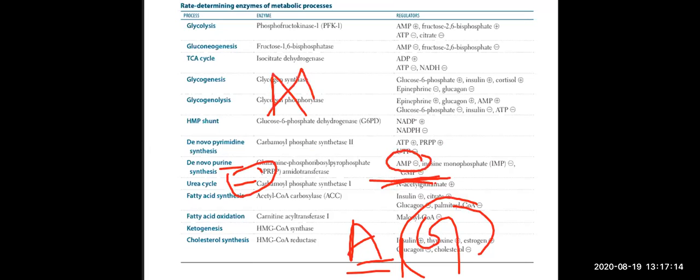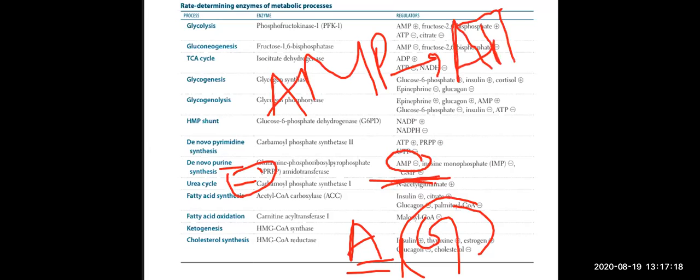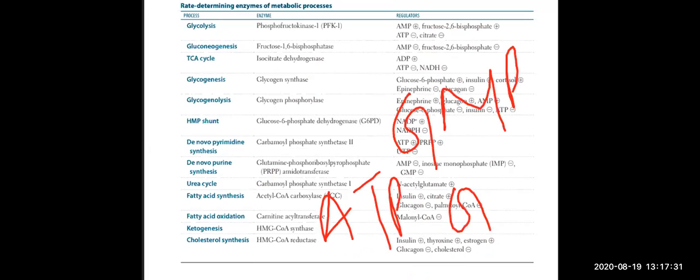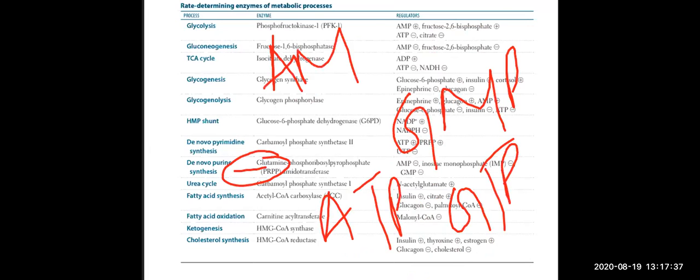If we see the range of energy, AMP has less energy as compared to ATP. So if you have ATP, or GMP, or GTP, this will inhibit this purine synthesis cycle. But if you have AMP, this will promote this purine synthesis cycle.